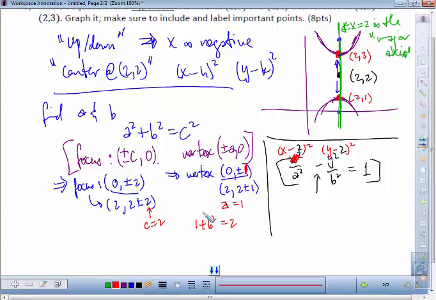Yeah. Oh, yeah. Okay. Better. Thank you. So 1 squared plus B squared is equal to 2 squared. That's where I got my square root of 3. So you can put plus and minus, but that'll automatically come anyways. So that's your B.